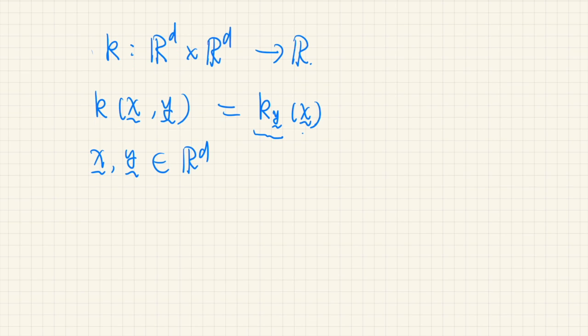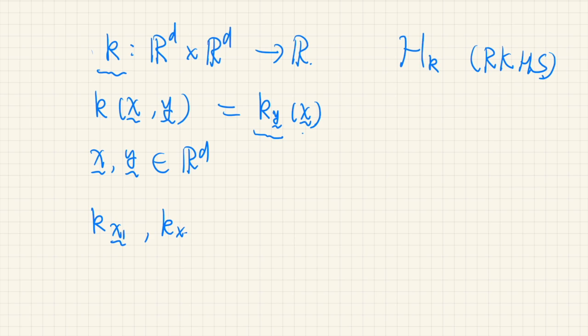And as we have seen before, once we determine a kernel function, we can derive the corresponding reproducing kernel Hilbert space. And now, using the given points, let's consider the set of reproducing kernels parameterized by the data points x1, x2, and so on up to xn.